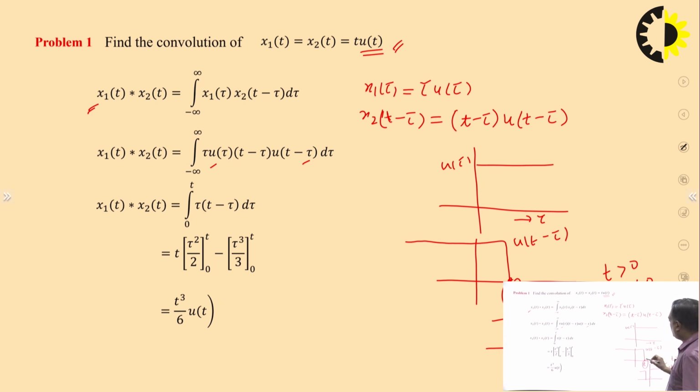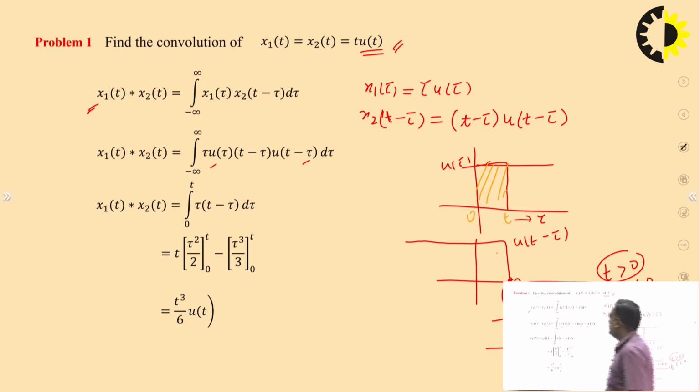You will get output only when t is greater than 0. When you overlap them, you have somewhat this type of region. Let us suppose I am superimposing it with another one, this is the superimposition. So the limit is 0 to t.